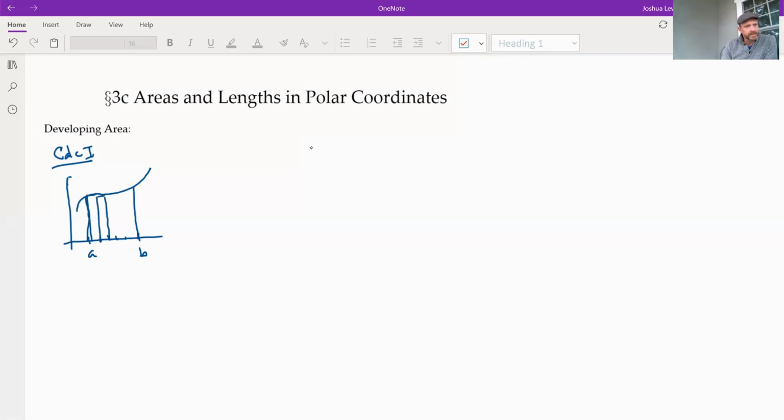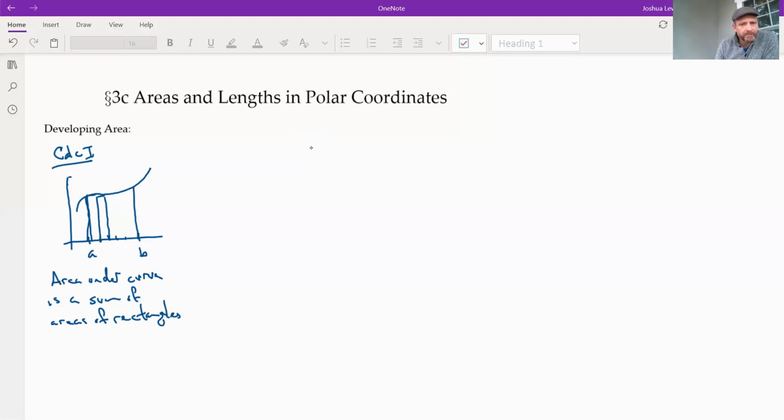So essentially, in Calc 1, the area under the curve is a sum, albeit an infinite sum, of areas of rectangles.